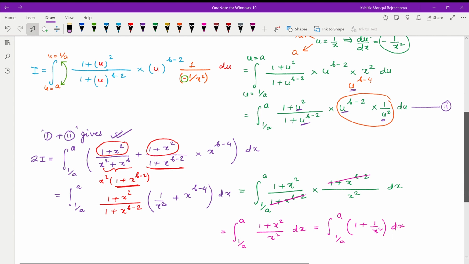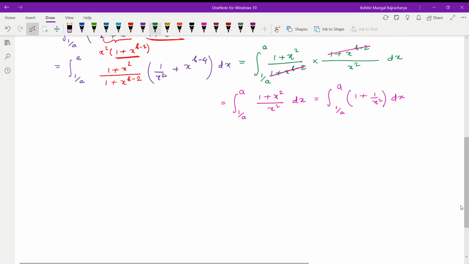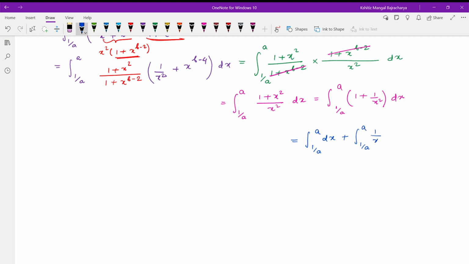And furthermore, now the integration is quite simple. Integration of 1 over a to a dx plus integration of 1 over a to a 1 over x squared dx. This simply gives a minus 1 over a. Now the integration, we know that this will be equal to minus 1 over x. So we have minus 1 over x from 1 over a to a.